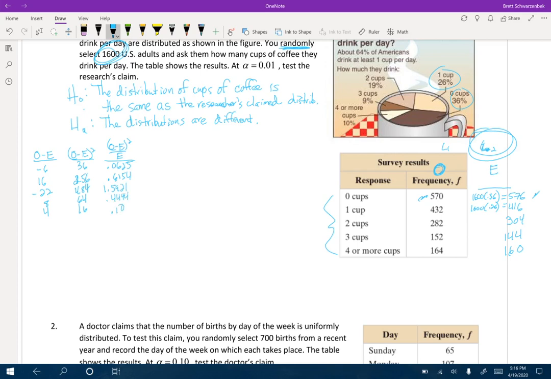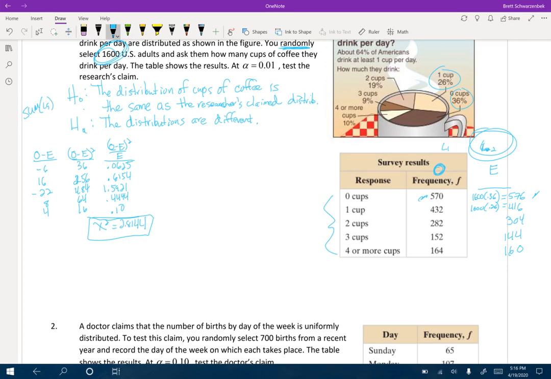So the sum of this column is essentially going to be chi-square, your chi-square test statistic, and if you add them all up, you get that. Now remember, in your calculator, if you get all of these, you can use the sum command and do sum of, I think it's going to be L5 or whatever it is when you're done. You could do that if you want, but generally this is what you're going to get for your chi-square.